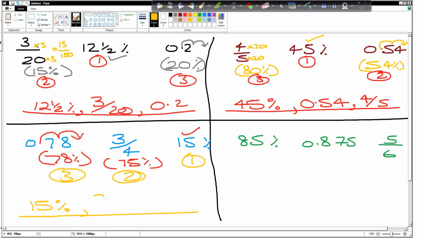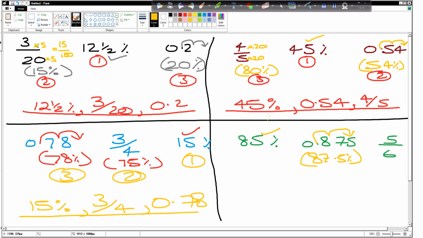And the next answer is 3/4. And the last answer is 0.78. Done. This one here, quickly we just do it, that's already percent. We actually do the last one, just finish it off. Times that by 100 to change that into percentage. 87.5%. So we've done those two parts.